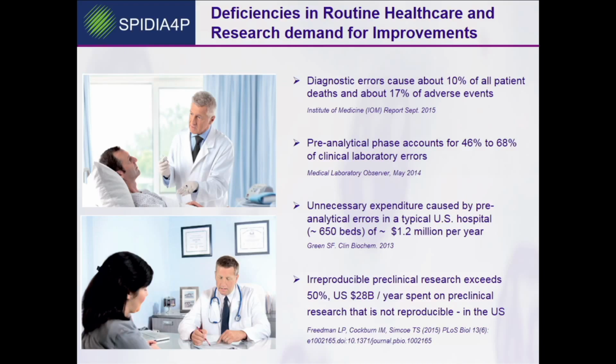This is not only caused by pre-analytical impacts, it's about 1/3 that is caused by reference material, lack of standardization, and pre-analytical impacts. But it's high numbers, high damage to patients, but also to healthcare and to research.